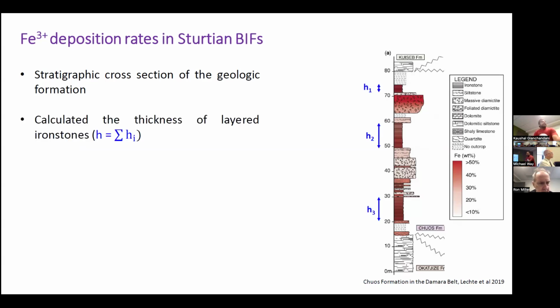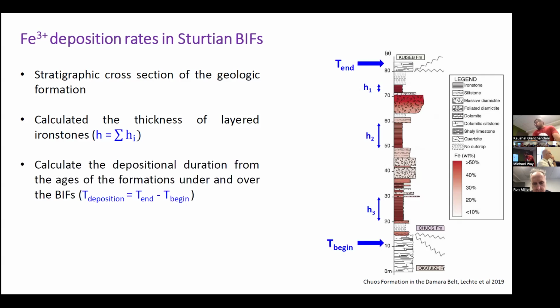To estimate the rate of iron deposition, you first need to know the thickness of these layered ironstones. Once you have the aggregate thickness of the layered ironstones, you need to determine the duration of the deposition. To determine the duration, we find a formation right below and right above these ironstones and estimate the age of the deposition based on the difference between the ages of these two formations.